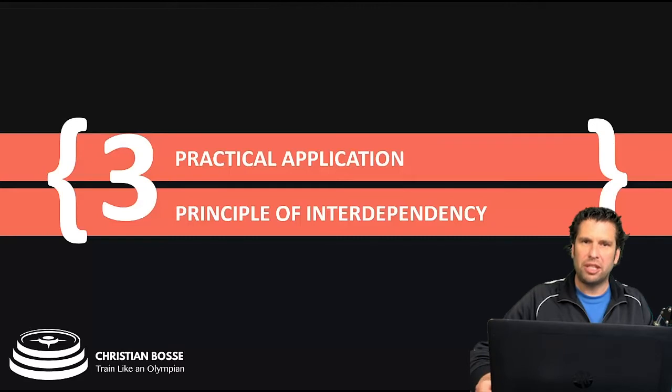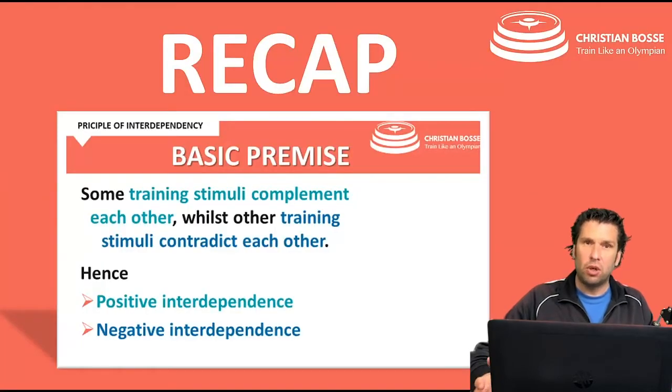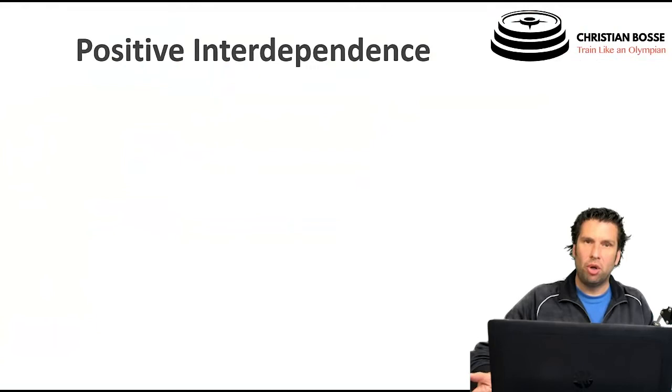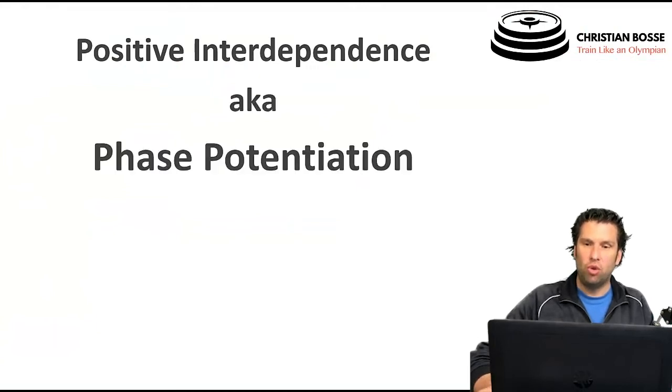What's the practical application? We talked about some training stimuli complementing each other, whilst other training stimuli contradict each other. This positive interdependence is also known as phase potentiation. You might have heard about that. So the idea is that all subsequent phases are potentiated by the previous phase.